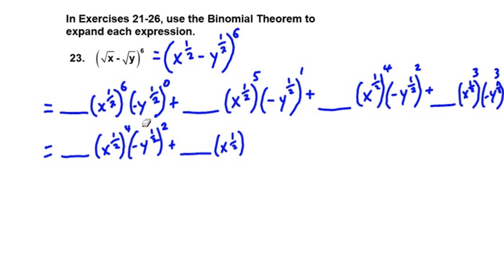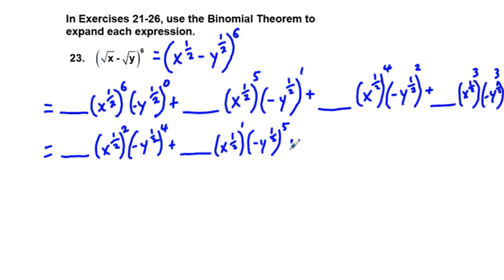Let me fix those. I think this is supposed to be 2 and 4. So that's going to be to the power of 2 to the power of 4. Okay, this was going to be x to the 1/2 power to the power of 1, and negative y to the 1/2 power to the power of 5.